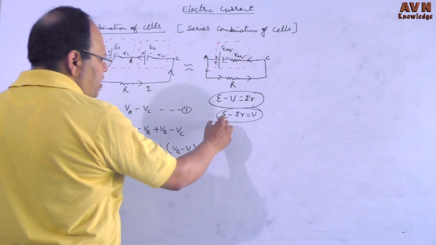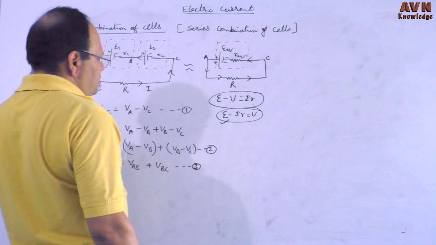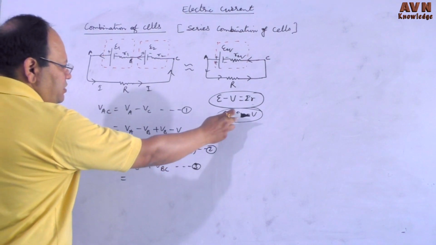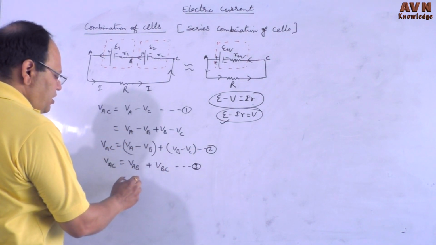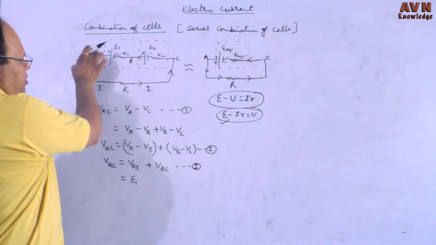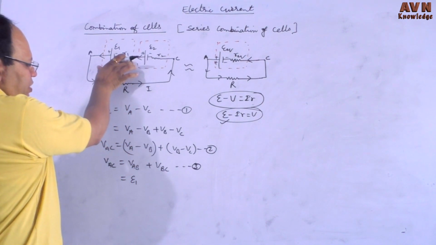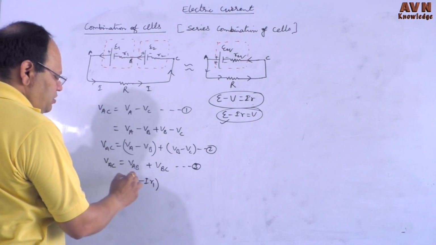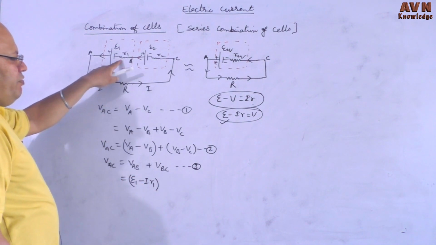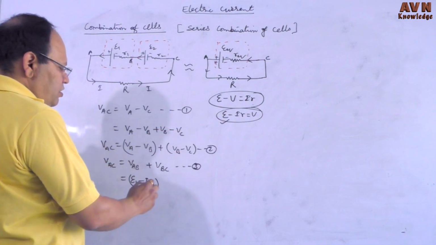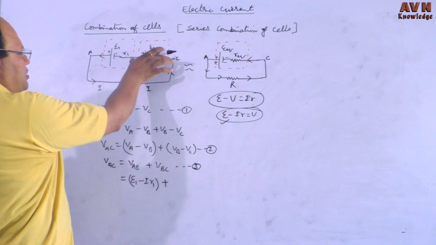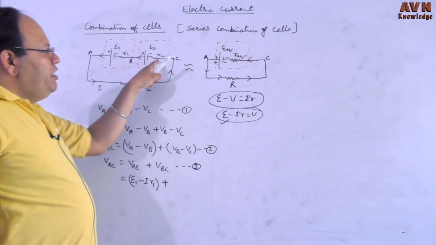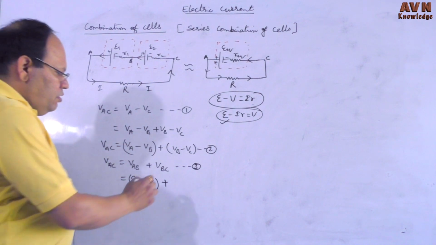So this formula is used in this circuit diagram, that is E1 between A and B point, minus current I, which is the same, into internal resistance R1. The same formula is used between B and C. Between B and C, the cell is E2, internal resistance is R2.